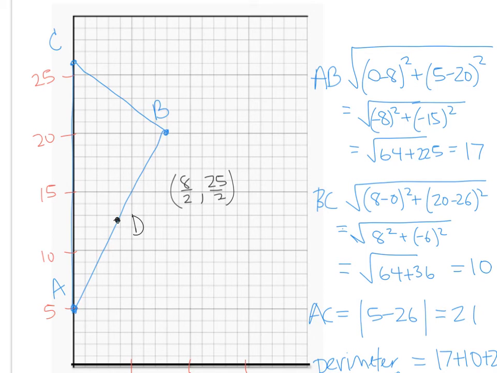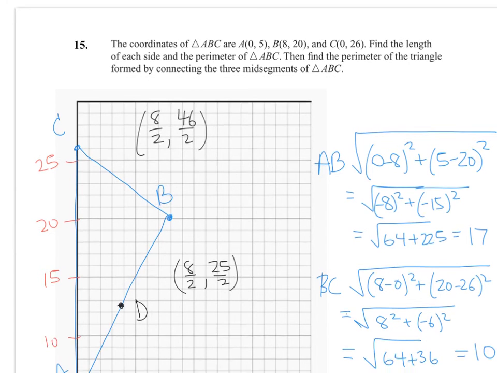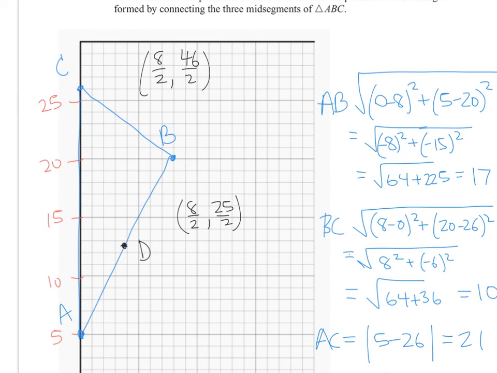Call that D. Then same thing up here. Between B and C, add the two together, divide by 2. So that'd be (4, 23). Call that E.